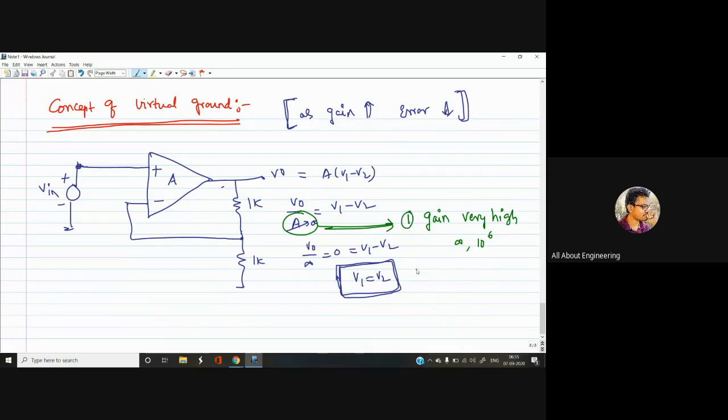So if you look at these 2 points in a circuit, negative feedback is very, very important. Negative feedback is a must to apply the concept of virtual ground, and the gain also should be very, very high. So please keep in mind these 2 points, that the gain should be very, very high, and it also should have a negative feedback. These two things are mandatory to apply the concept of virtual ground.